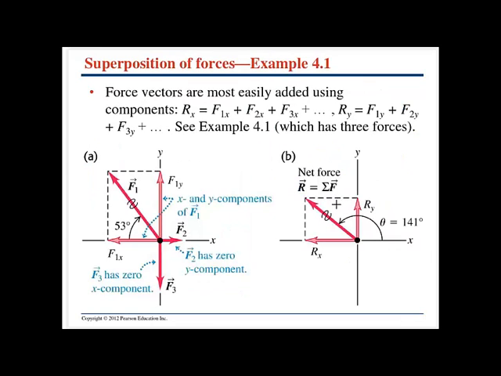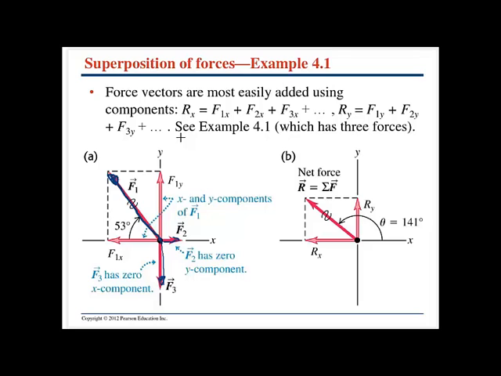So force vectors are most easily added doing it componently as opposed to doing it graphically. And if we consider the case where we have force 1, I drew that right here, plus force 2, plus force 3, you can see that force 2 and 3 are already conveniently along the x and y axis.